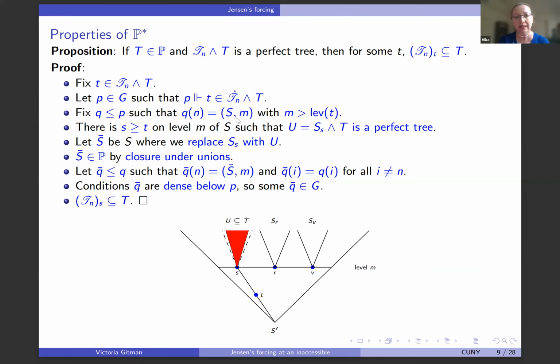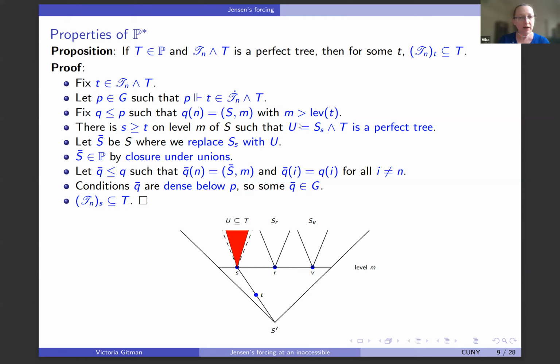In particular, there has to be some node on level M such that the meet of S and T is a perfect tree, because if this wasn't the case, this could never be the case for the generic perfect tree. So on one of the nodes above T, it must be the case that the meet is a perfect tree. So I can thin out the tree above this node to whatever this meet U is.